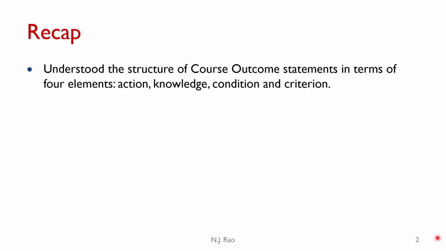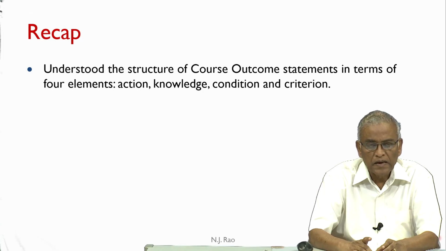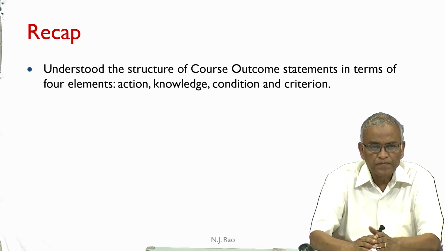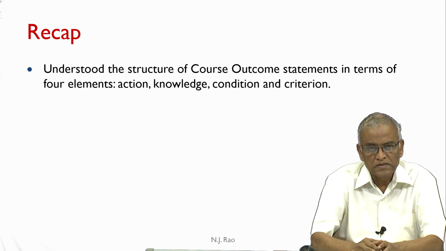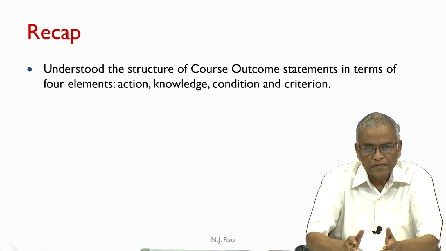In the previous unit we understood the structure of course outcome statements in terms of 4 elements. That means a course outcome statement should have 4 elements, with 2 of them being optional. The first element is action, the second is the knowledge element on which the cognitive action has to be performed, and the conditions under which this cognitive action has to be performed are expressed as a set of conditions, and the acceptance of the performance is defined in terms of the criteria.